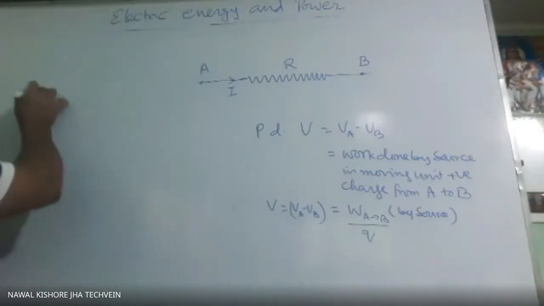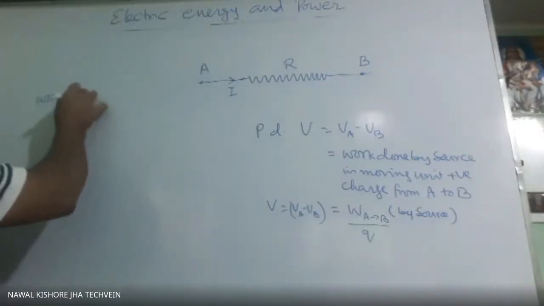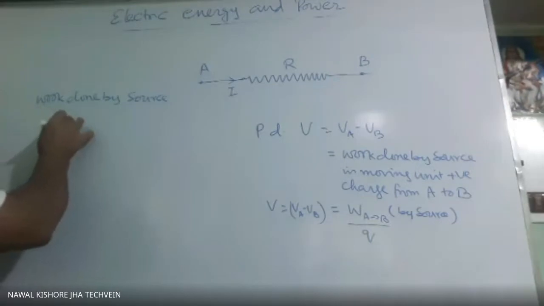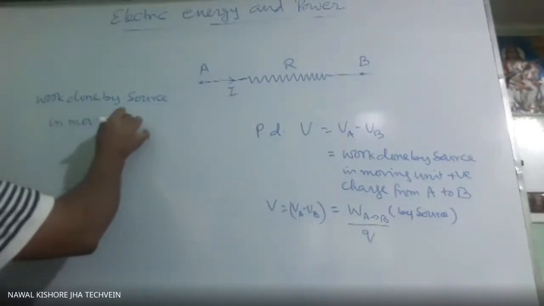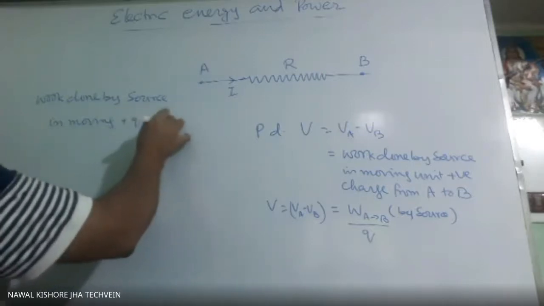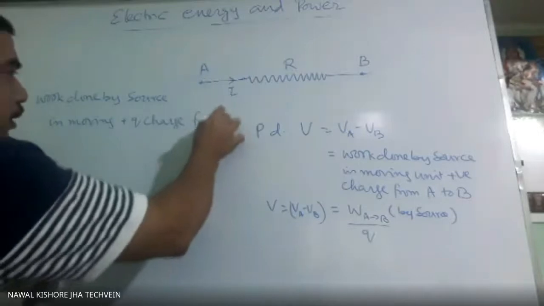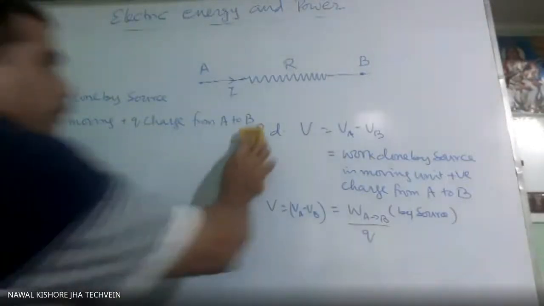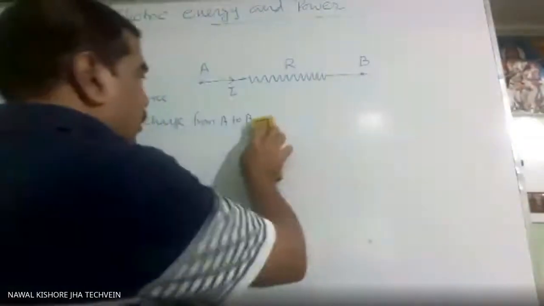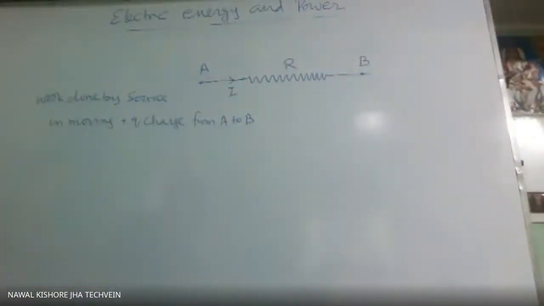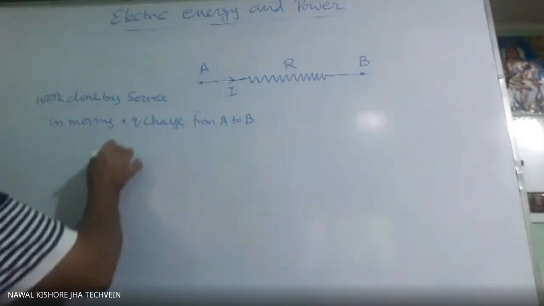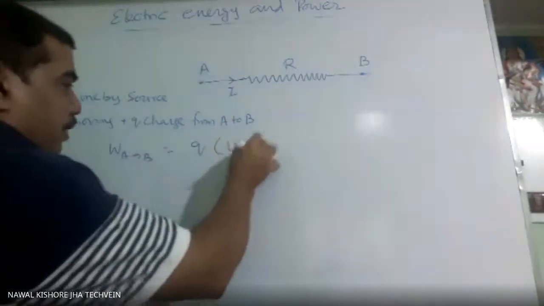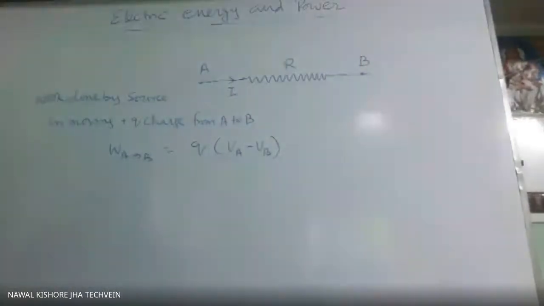So according to this definition, we can find the work done by the source in moving plus Q charge from A to B. So this is W from A to B. We write that it is charge into potential difference, VA minus VB. This is the work done by the source.